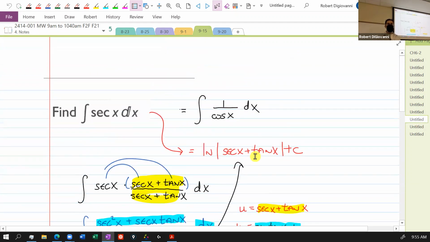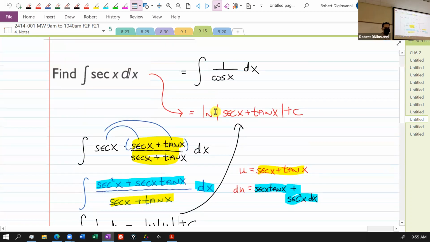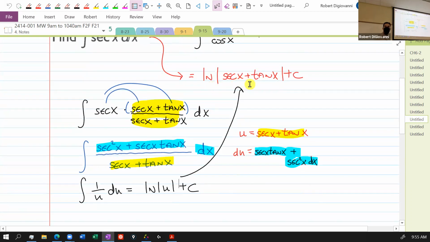This was the one we did in class where I said someone had suffered and finally figured out what to do here, and I said you would never be expected to figure that out. So if you were to run into this integral on a test or in your homework, you go to your formula sheets. And this was natural log of secant x plus tangent x.